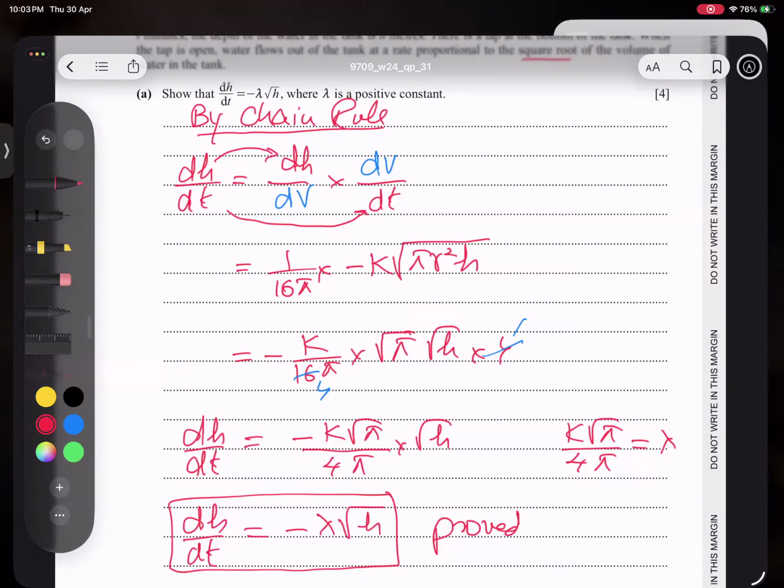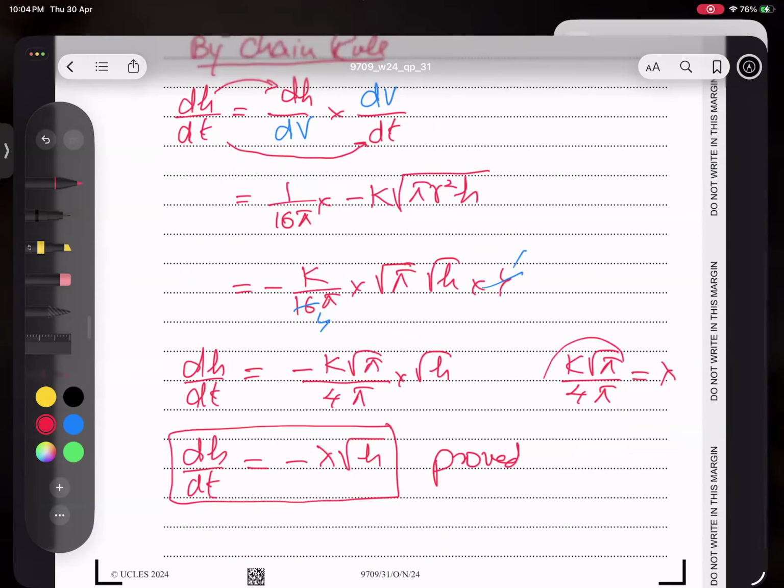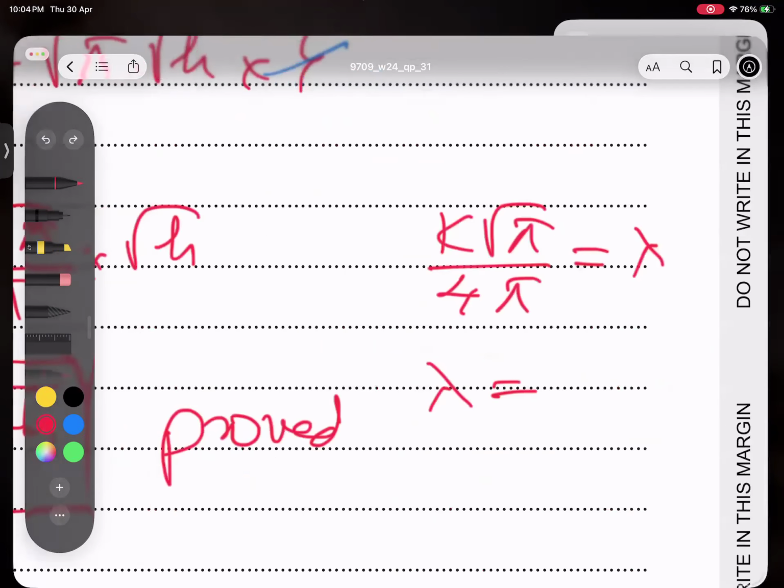Okay. Here we can leave it even, or we can rationalize. Mostly we write root in a numerator, but if we have a denominator, we want to make it 1 root. So how can we do it, students? Check it. So root pi over 4 pi, multiply up and down by root pi and root pi.